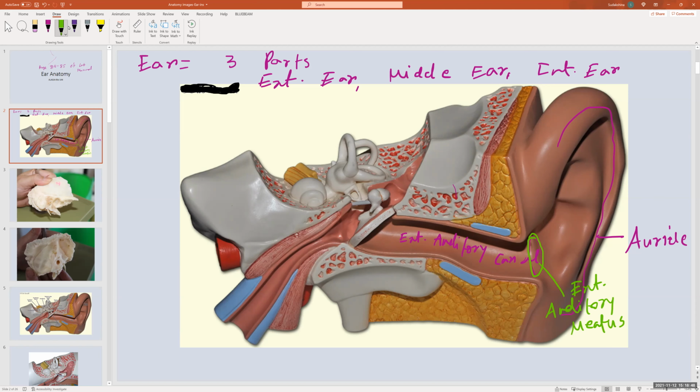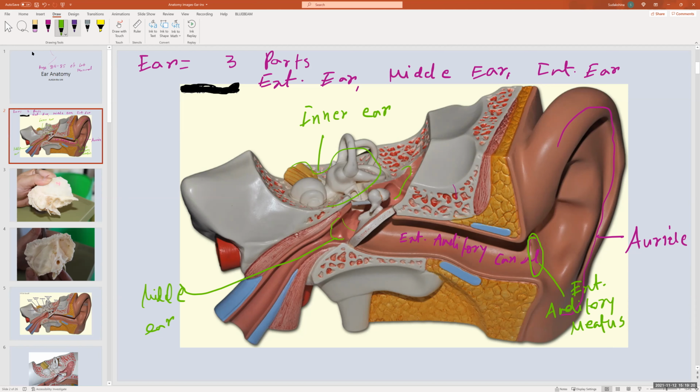The internal auditory meatus. So basically, we are going through this within the temporal bone. Here, this is a chamber. This is the middle ear. And then all of this is internal ear or inner ear.